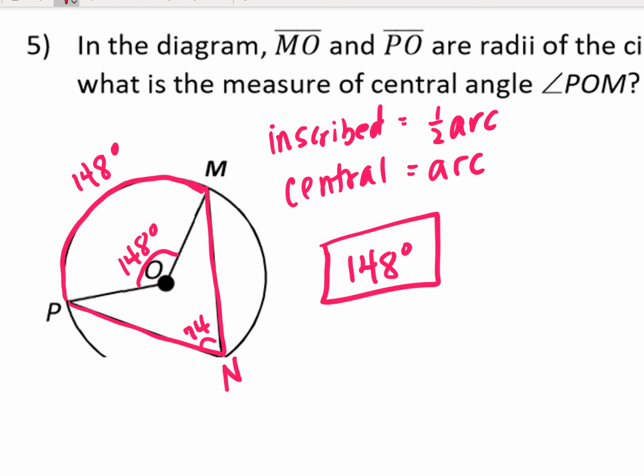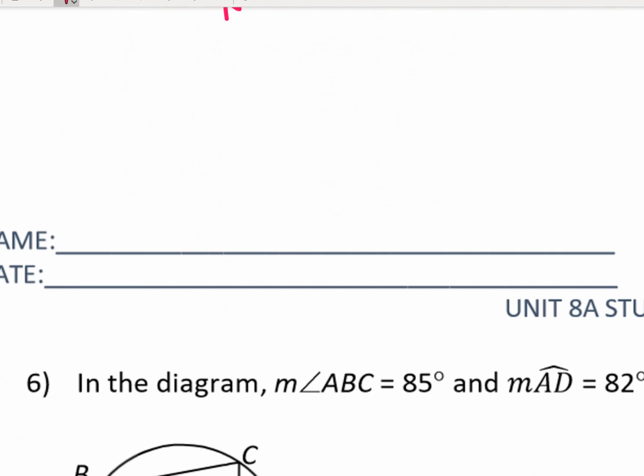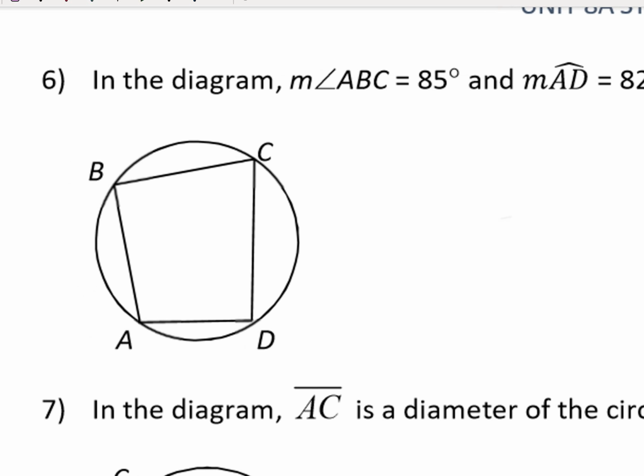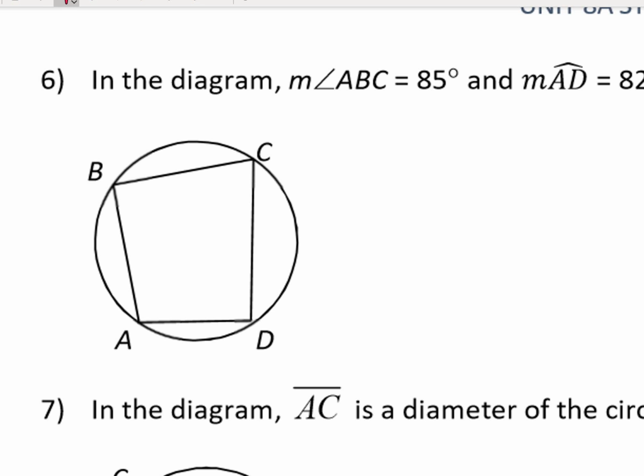Number 6. All right. The piece of knowledge here that you need is that we have an inscribed quadrilateral, and the angles opposite each other are going to be supplementary. So let's see what they tell us. ABC is 85.